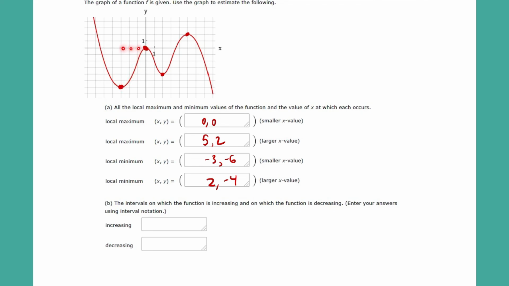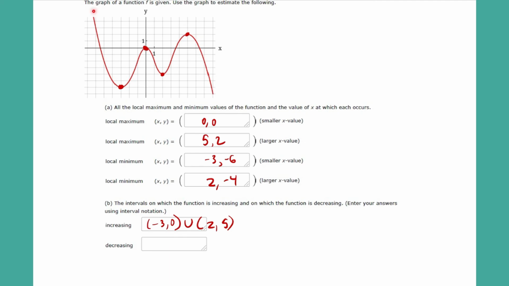All right, and this one would be increasing from here to here, so that would be -3 to 0. Union, decreasing, and then it's increasing from 2 to 5. Oops, 2 to 5.